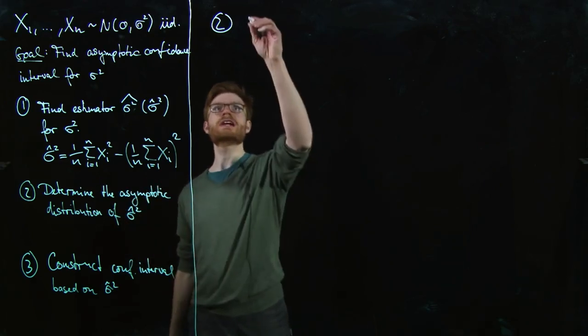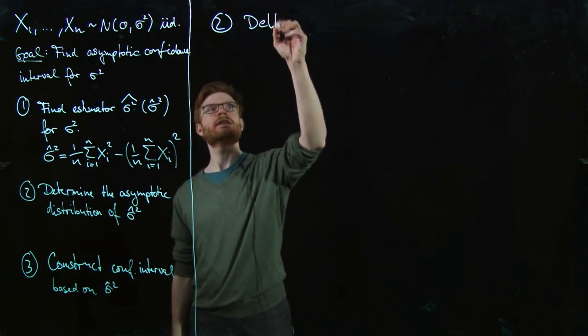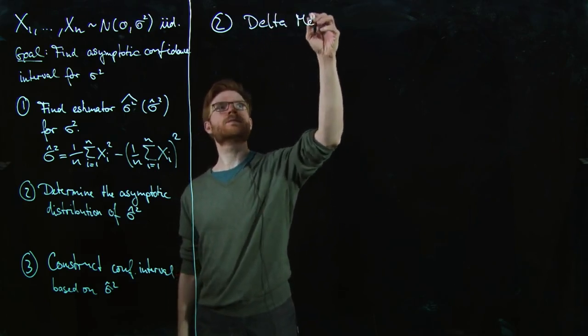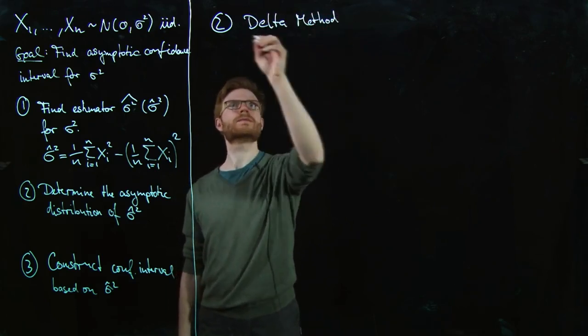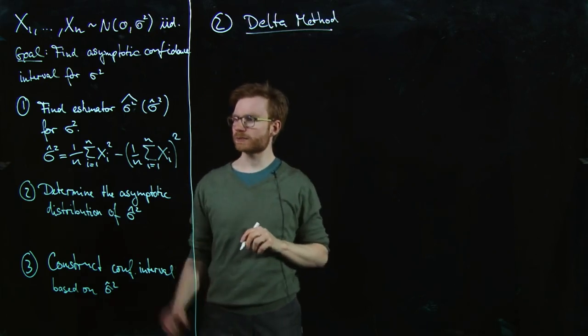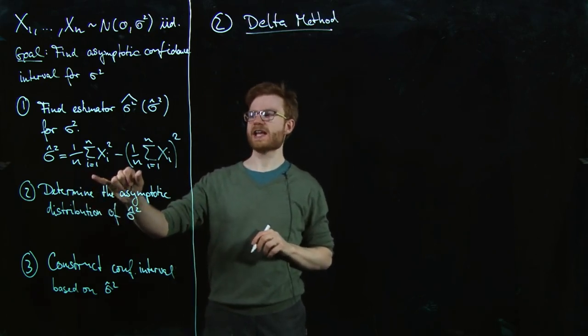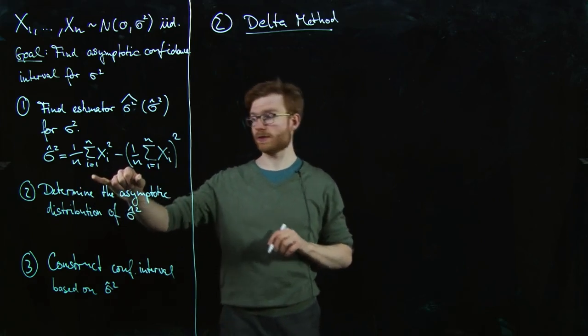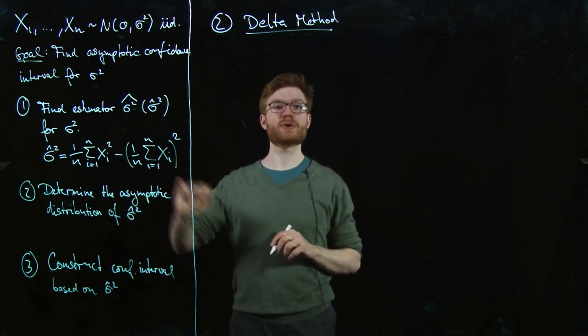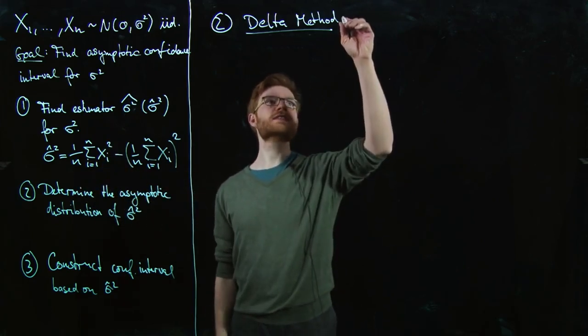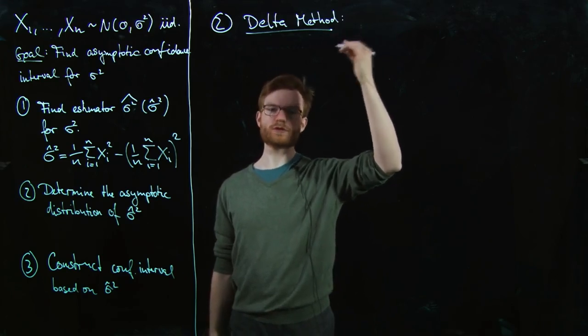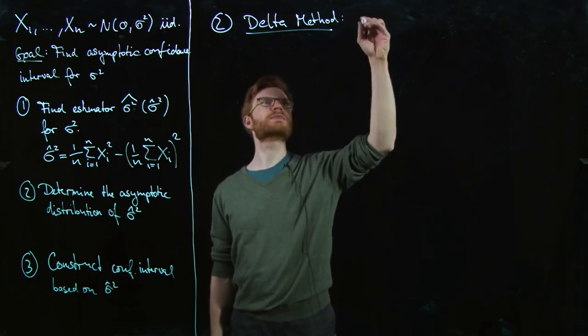This is given to us by the delta method, because we know that this is a continuously differentiable function of these two components. So the delta method in its general form that you learned in class is the following.